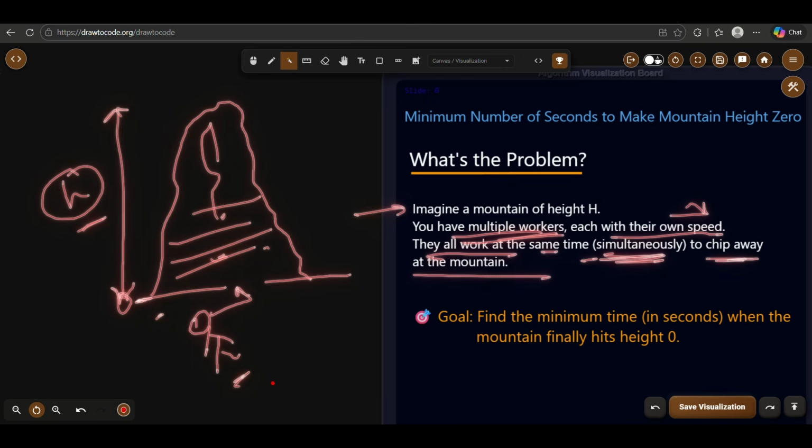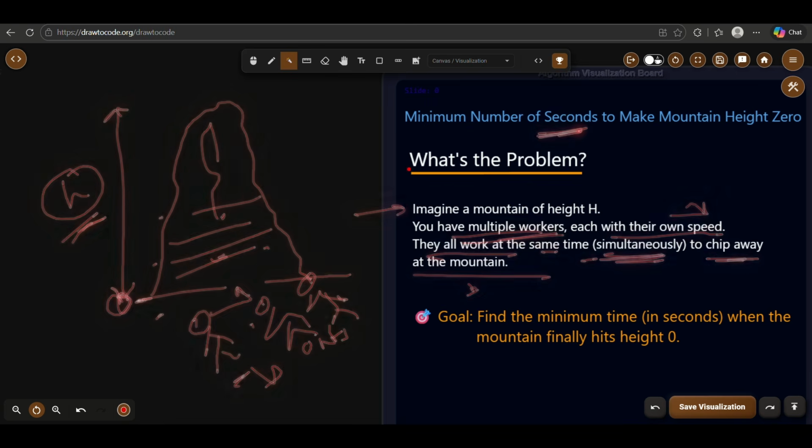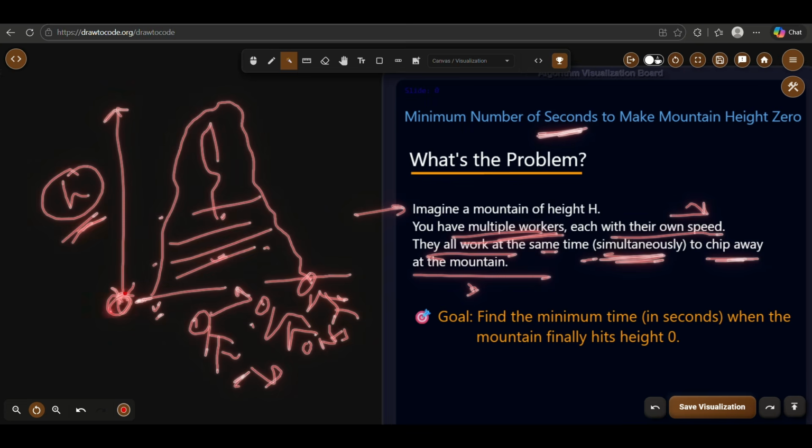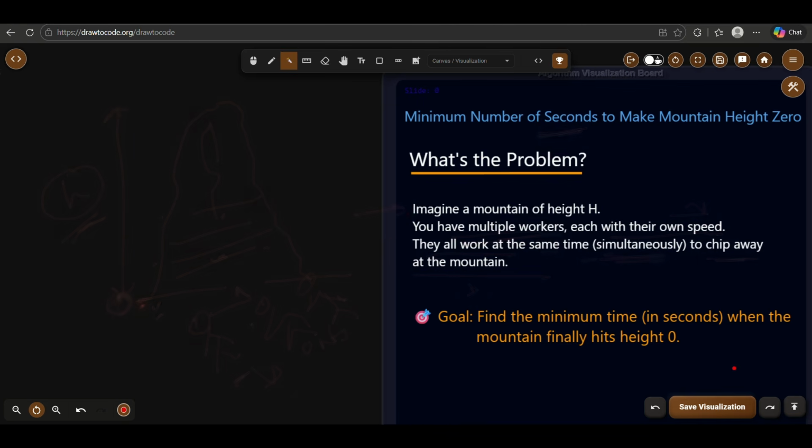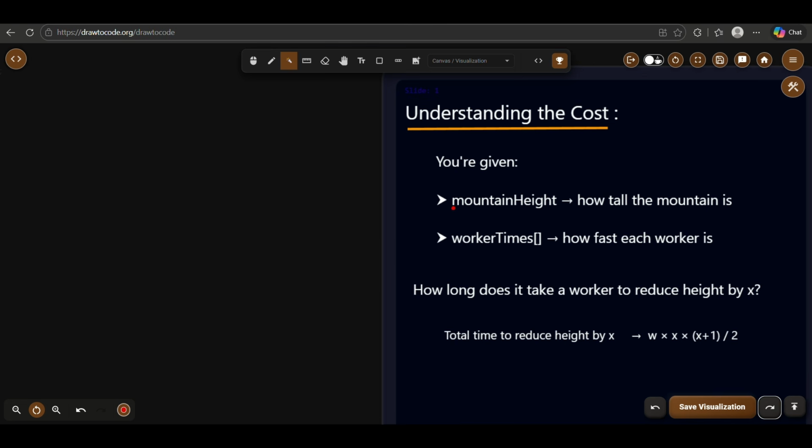So this worker is performing its task at its own speed. Similarly, all our workers are performing. So we are given their speed and the mountain height, and we have to find the minimum seconds to make the mountain height 0.